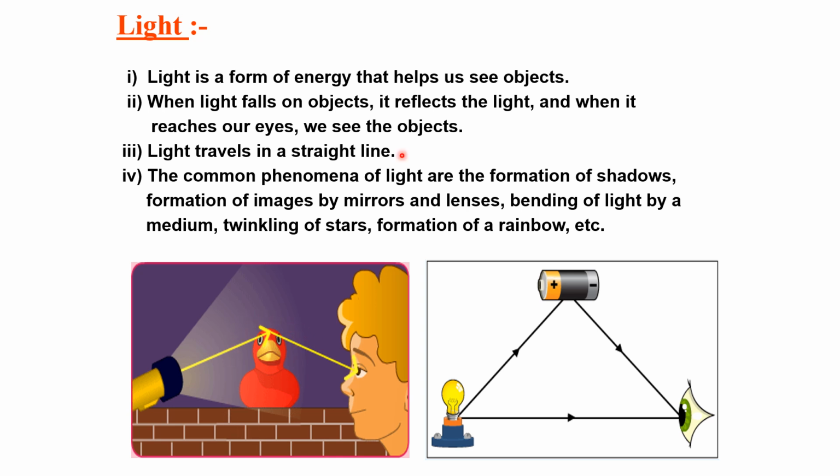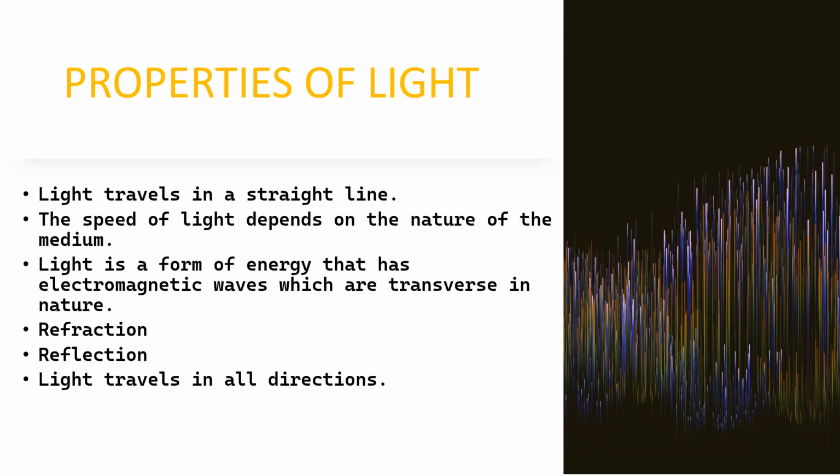Next, the light travels in a straight line. Some common phenomena of light are formation of shadows, formation of images by mirrors and lenses, bending of light by a medium, twinkling of stars and formation of rainbows.